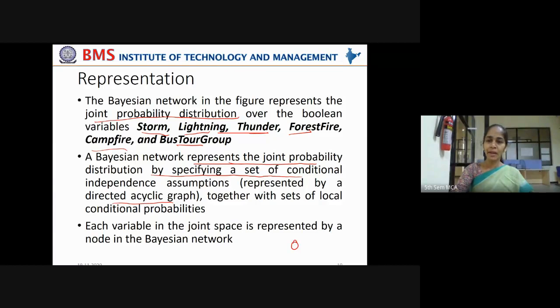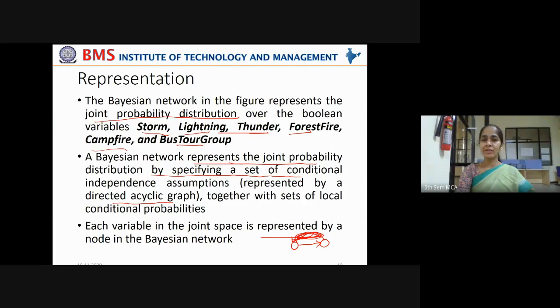Say you have a node like this and a successor node like this. Now you don't have another connection back. There is no cycle in the connections. Then we call it a directed acyclic graph. If there is no node that forms a cycle, you call it a directed acyclic graph.